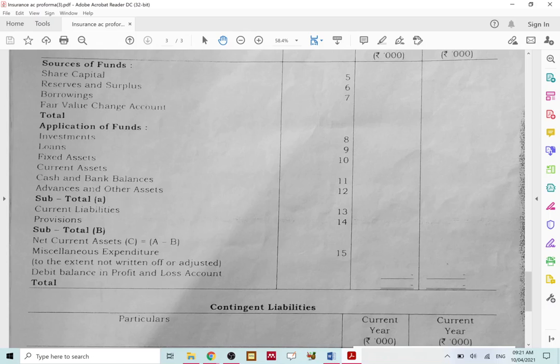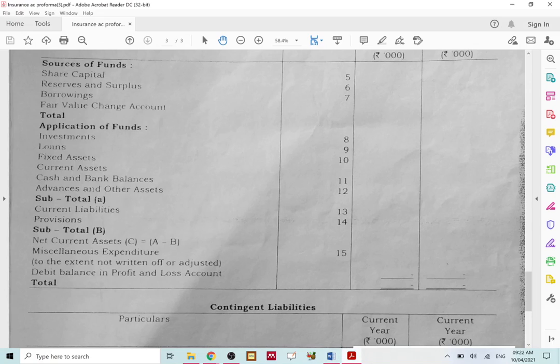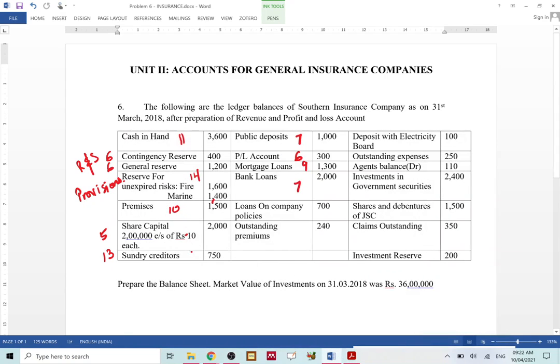Understand that a lot of times people take loans on their insurance policy, right? Loans are possible. A lot of insurance companies provide loans, right? So this mortgage loans is Schedule 9 and it comes under loans that are given under assets, right? Application of funds. Bank loans are borrowings, meaning you have taken the loan from a bank, so you have borrowed it and that goes under Schedule 7.